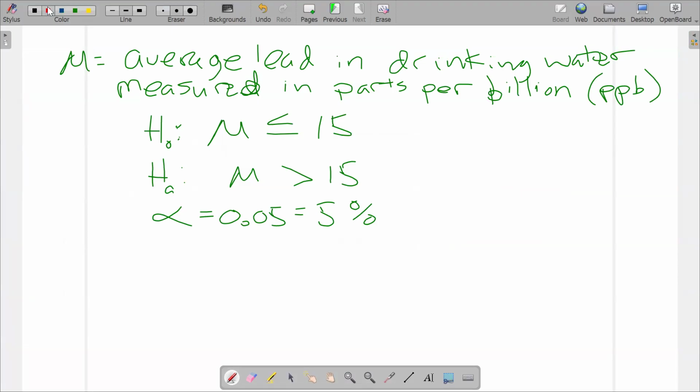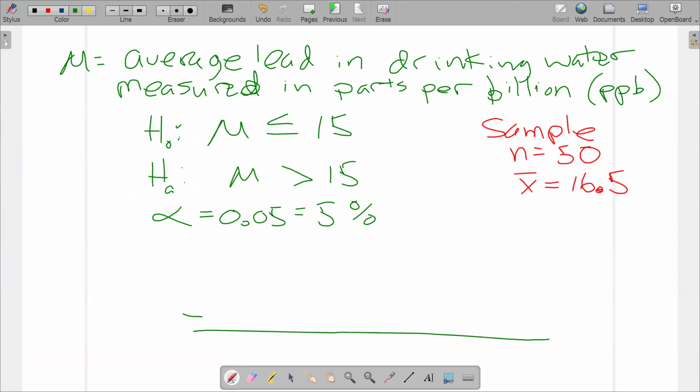So my sample, make a slight note to the side there, has n equals 50 things in it. It's got a mean of 16.5. Graphing that, what StatKey does is StatKey gives us a scale on the axis here to show how far apart 15 and 16.5 are given the sample size.